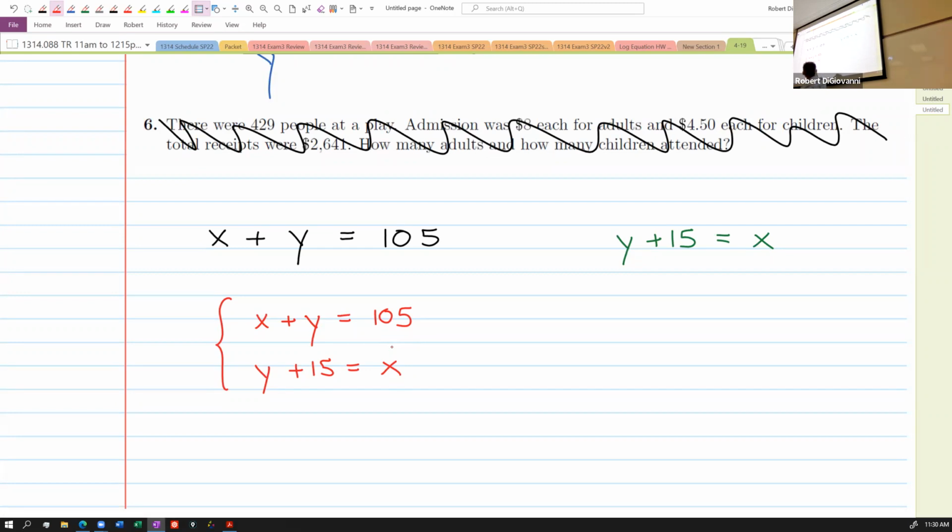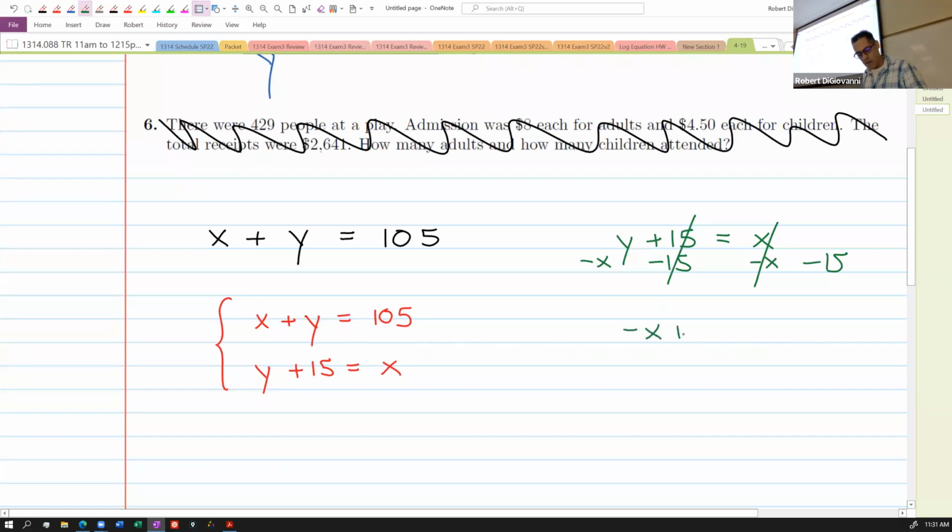So I need to move this x over to this side and the 15 over to this side. I'm taking this equation, subtracting x on both sides and subtracting 15 on both sides, so that the x's go away here and the 15 goes away there. I get negative x plus y equals negative 15. That should be my second equation.